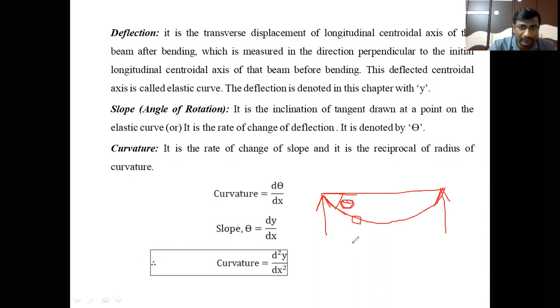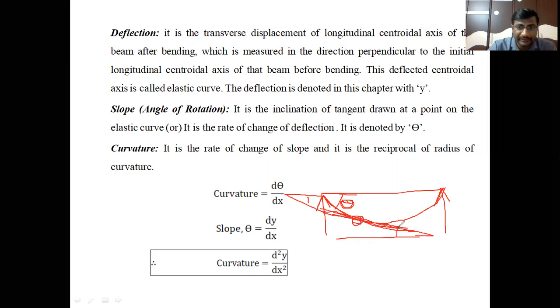If you want to know the slope of the beam at a certain point, you should draw a tangent at this point, a tangent line to the elastic curve.